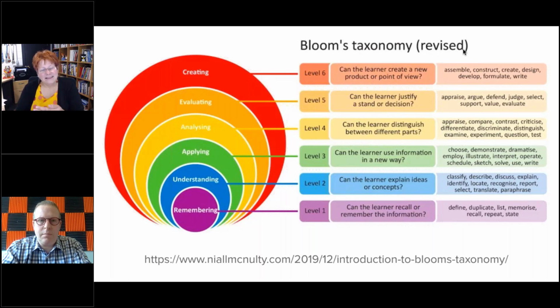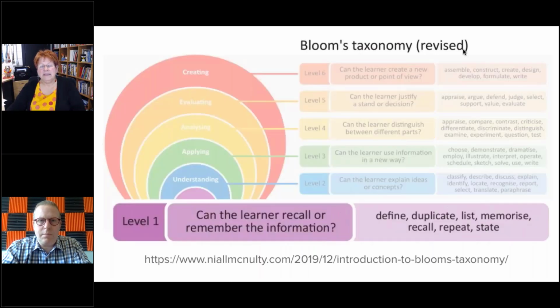Before they can analyze something, they have to be able to perform application, and so on up the chart. We sometimes talk about it as instructional designers as that's just level 1. It's not as valuable as the others. And really, I want us to think about that a little bit differently. I think that happens. The reason level 1 gets a bum rap is because it's so easy to do in e-learning.